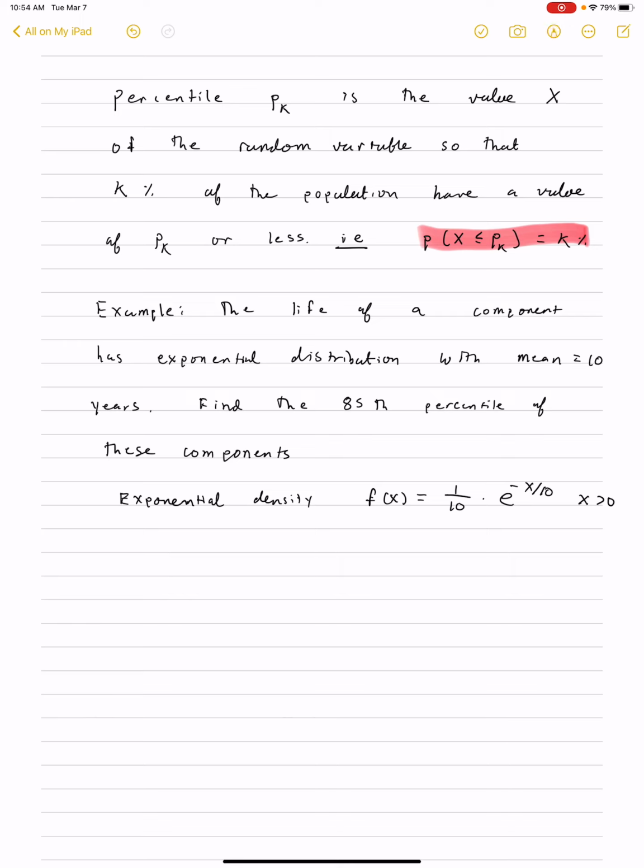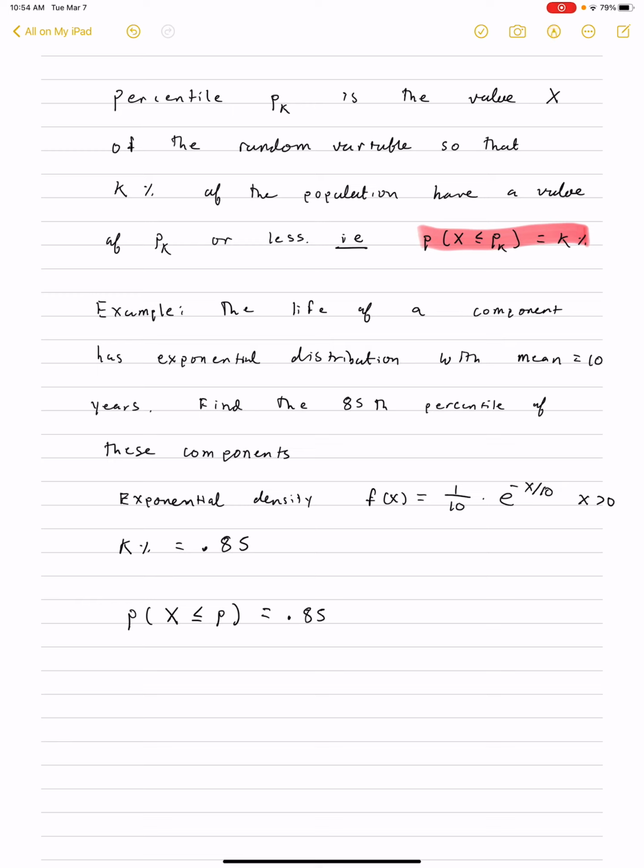So we start with that definition in red. But we'll notice that k%, hey, that's equal to 0.85. So we want to find the probability x is less than or equal to p sub 0.85. I'll just leave it as a p. The k% will be 0.85.